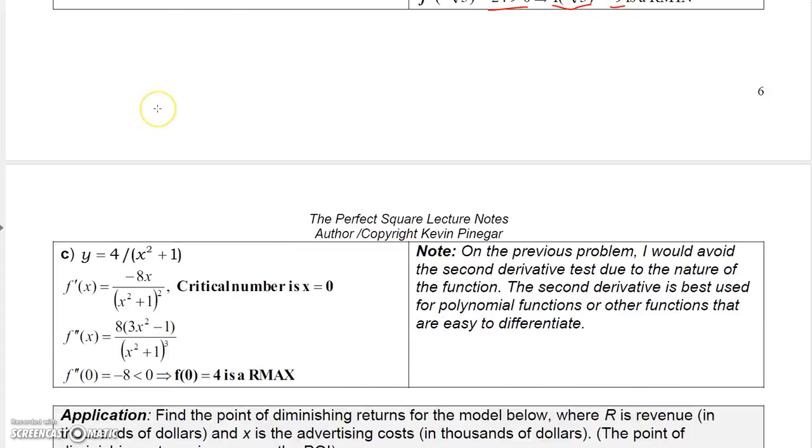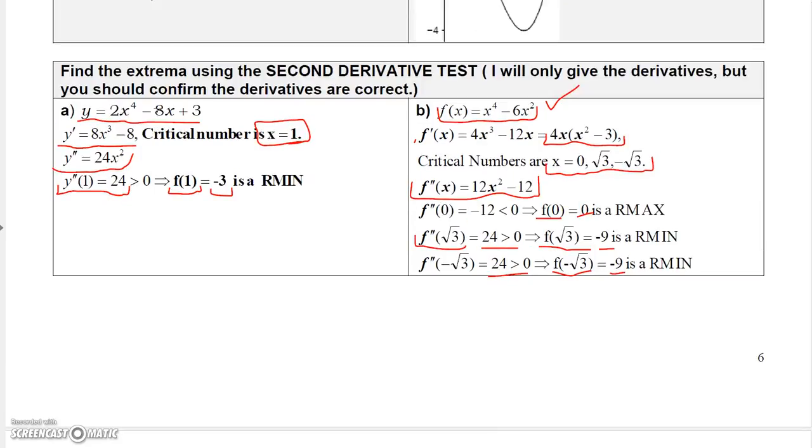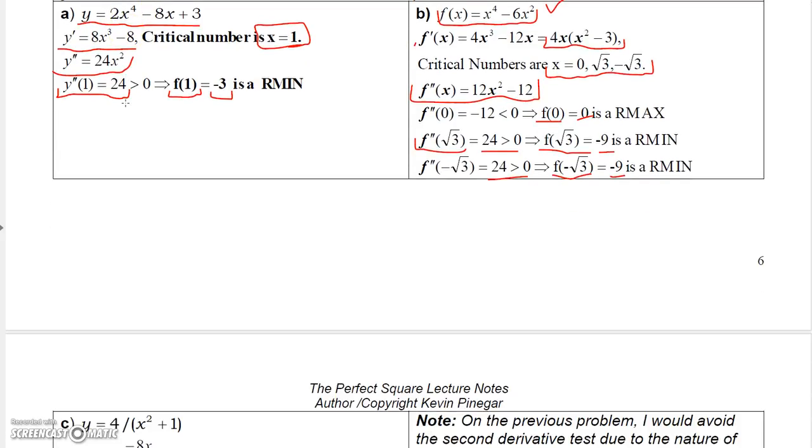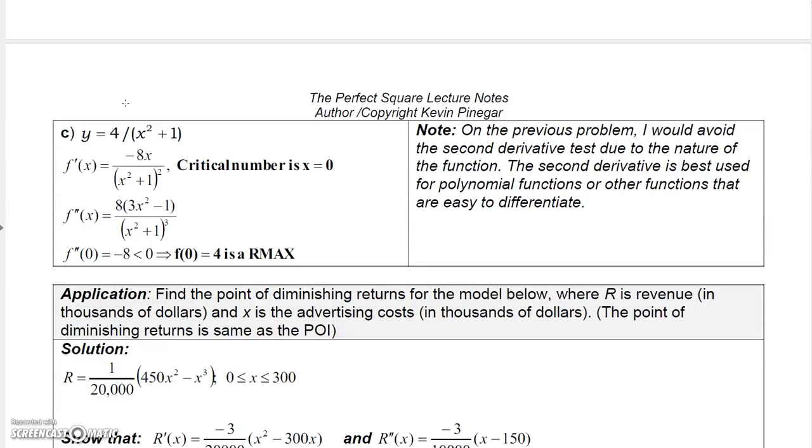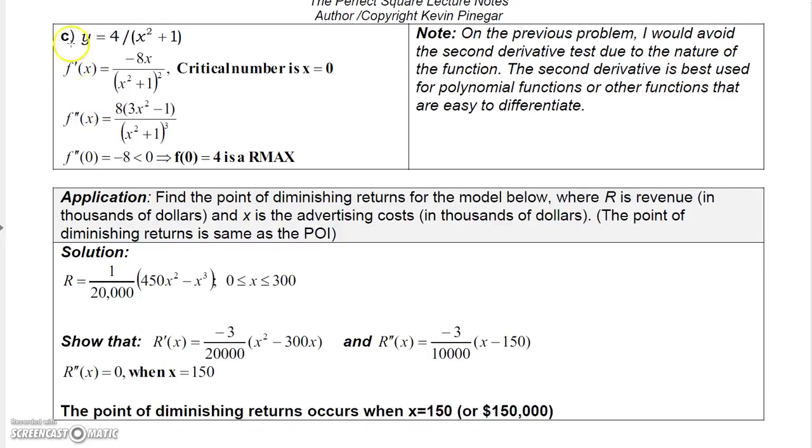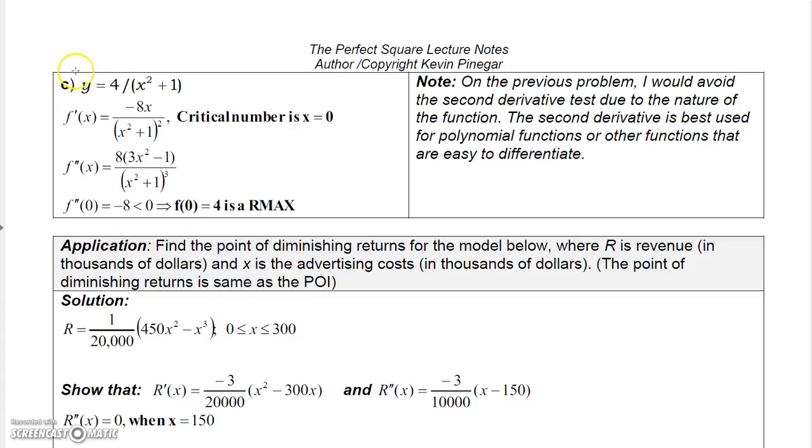Okay, now the second derivative test actually works very nicely on polynomials. You really want to stay away from it on other functions unless you're forced to use it by, say, some mean professor. The reason is, here's a quotient, 4 over the square root of x squared plus 1.